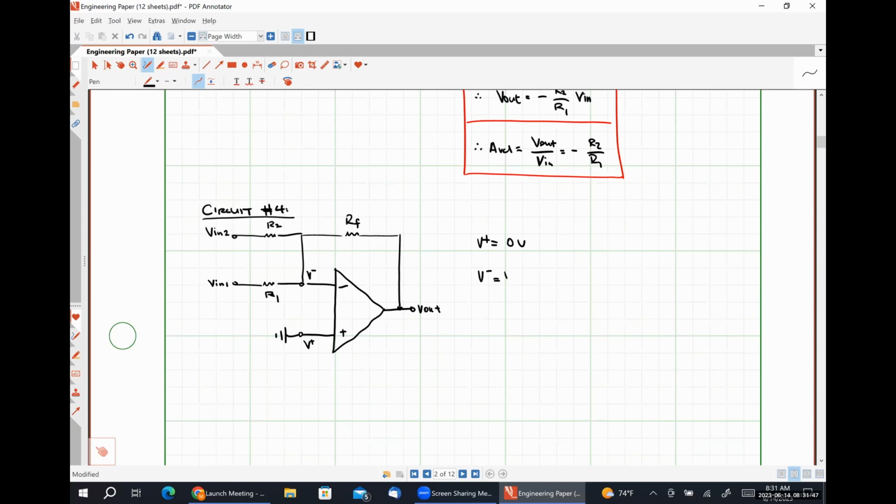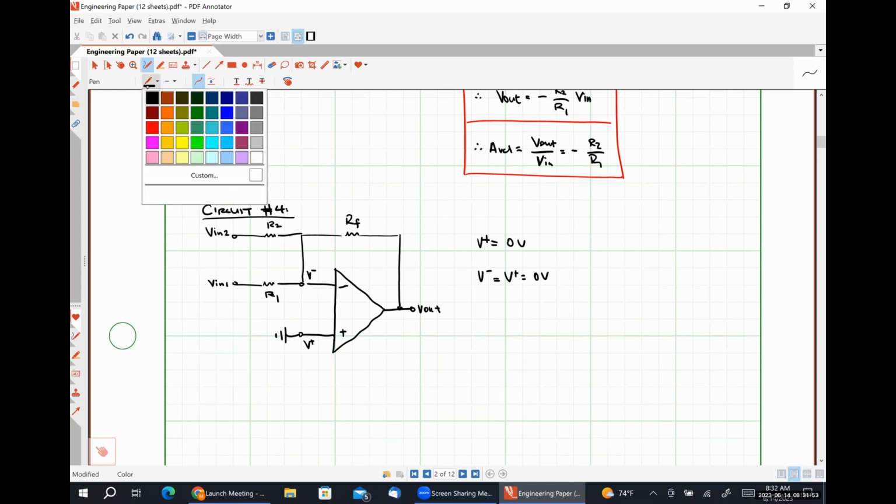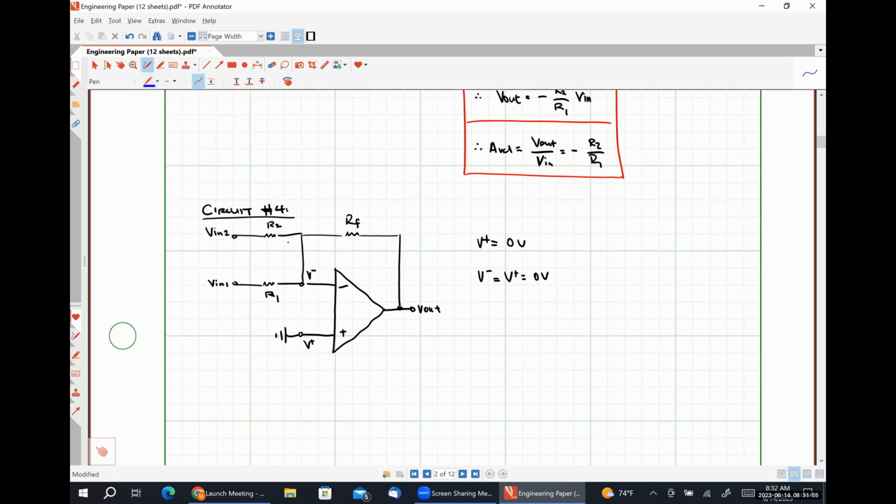So the voltage present at our inverting input terminal must also be 0 volts. Applying Kirchhoff's current law, I'm going to be adding this current plus this current plus this current together, where we know once again that this current is 0 amps.